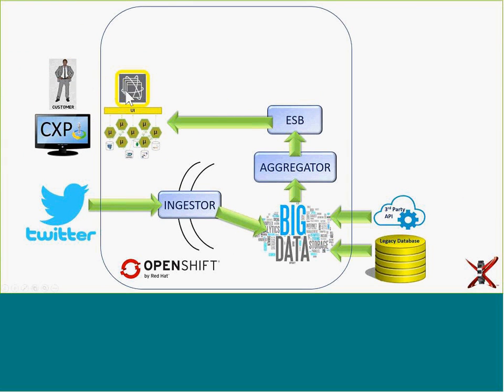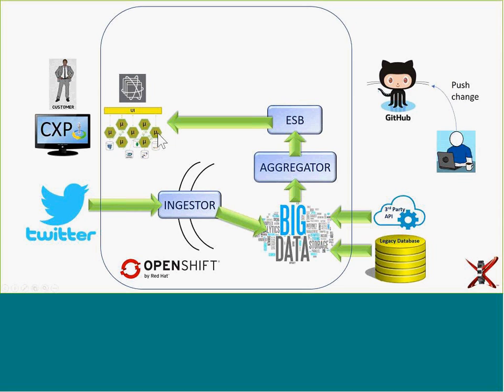The UI and the microservices are running in pods on OpenShift. And to make a change to that cluster, we can just push a change into GitHub, which is our code repository. That then can automatically trigger a Jenkins pipeline.